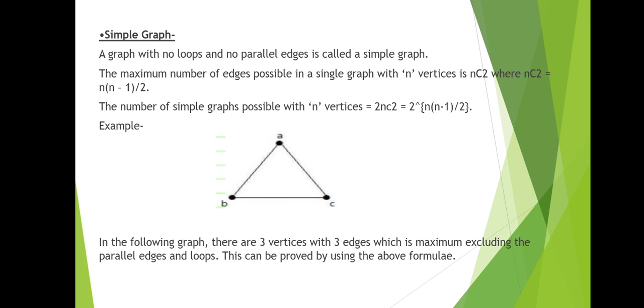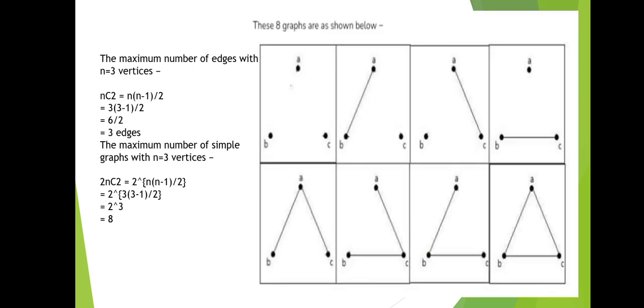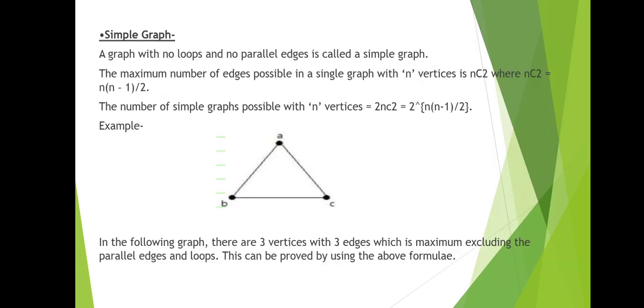So here is an example. In the following graph, there are 3 vertices with 3 edges, which is the maximum excluding the parallel edges and loops. So this can be proved by using the above formula. Here we see that n equals 3 vertices.